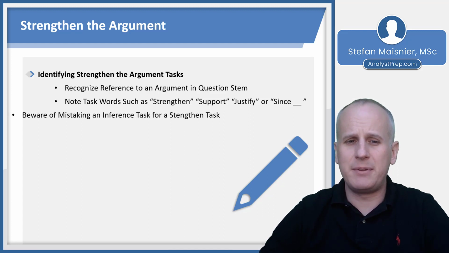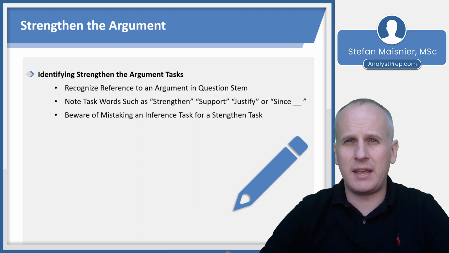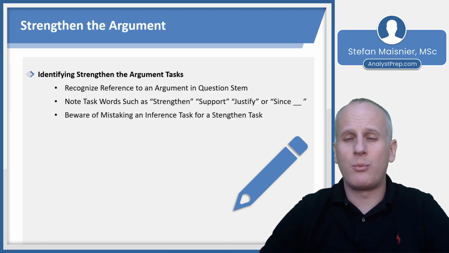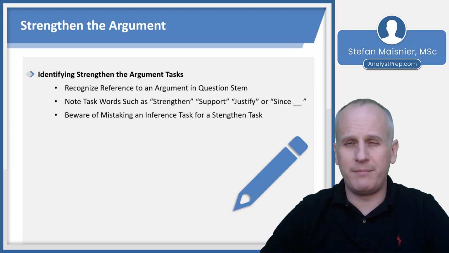And you have to beware, however, of mistaking an inference task, seeking an answer choice that must be true or supported by the information in the paragraph, for a strengthen task. The word support itself is the most ambiguous task word for critical reasoning. If the question is seeking to support a choice, that's inference.